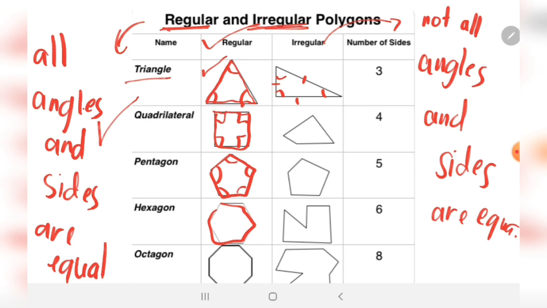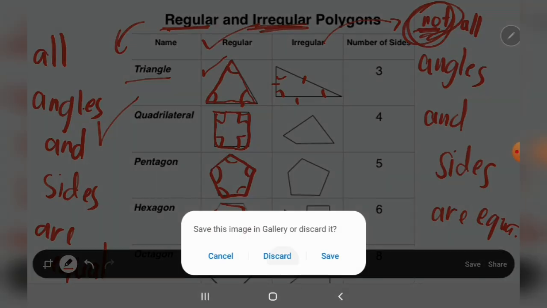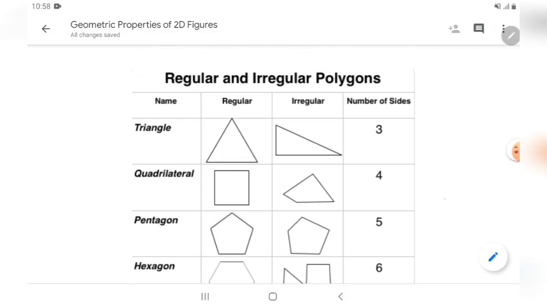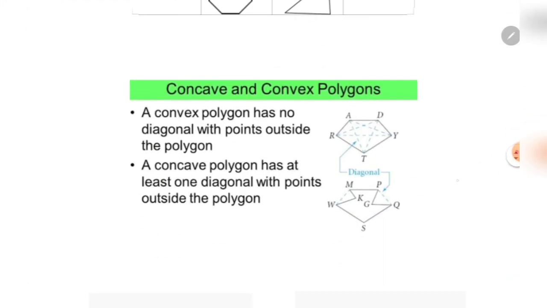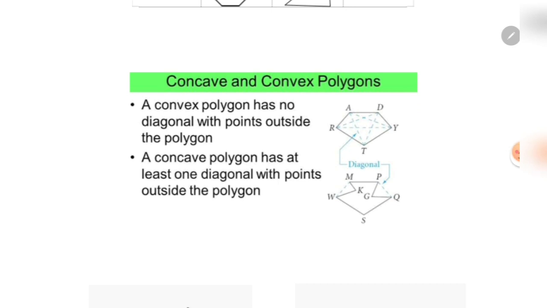That is the difference between regular and irregular. Regular, all angles and sides are equal, and irregular, not. Take note, not all angles and sides are equal. So that is regular and irregular polygons.